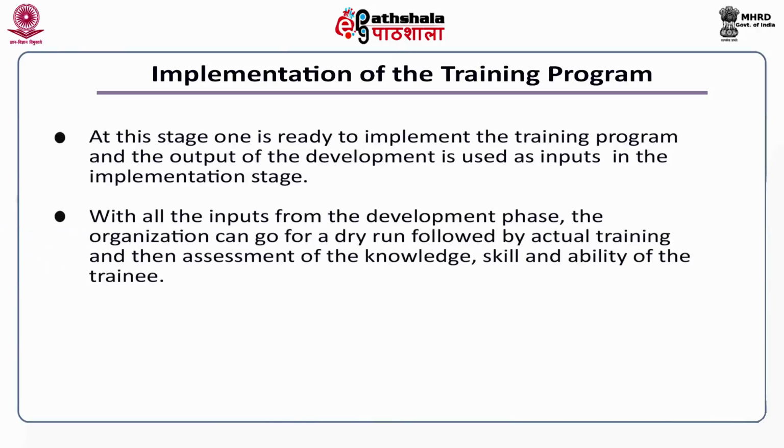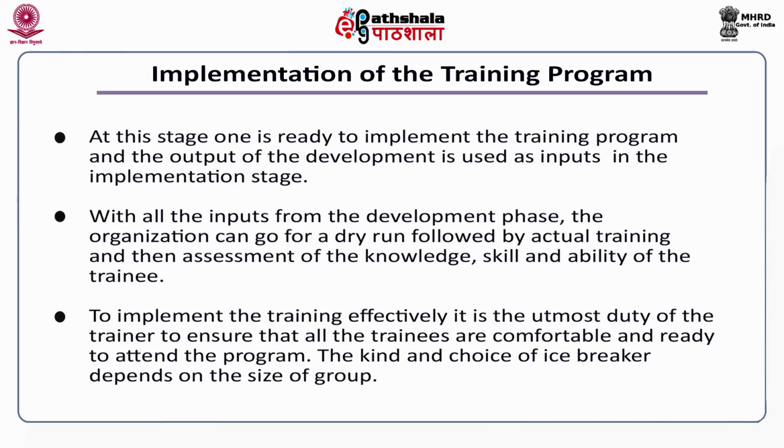With all the inputs from the development phase, the organization can go for a dry run followed by actual training and then assessment of the knowledge, skill and ability of the trainee. To implement the training effectively, it is the utmost duty of the trainer to ensure that all the trainees are comfortable and ready to attend the program.